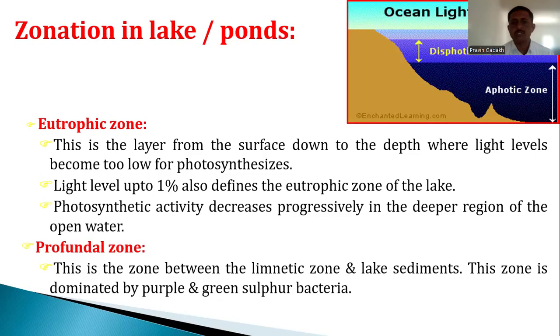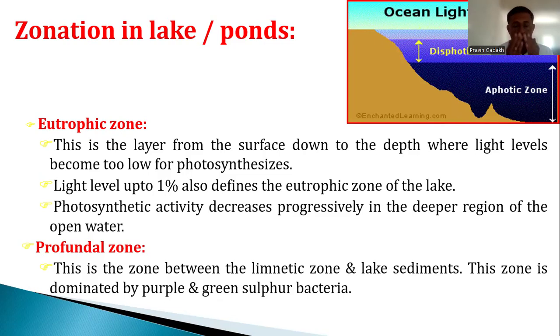A light level of up to 1% also defines the eutrophic zone of the lake. So it is the characteristic of the eutrophic zone, where only 1% light is available for the different microorganisms or photosynthetic organisms. Photosynthetic activity decreases progressively in the deeper region of the open water.